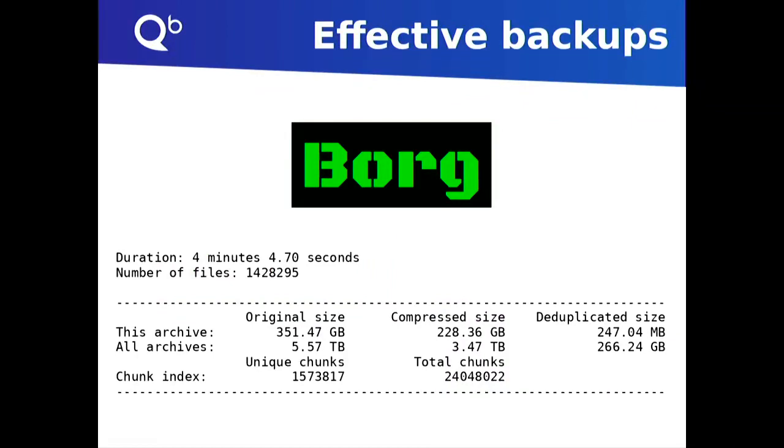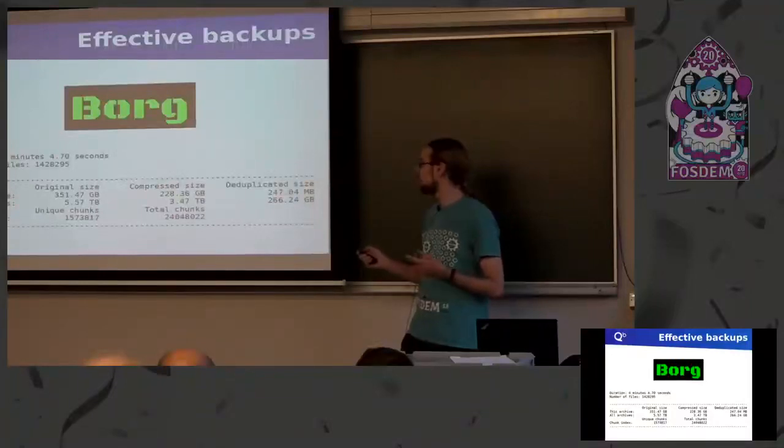You can see that it did a backup of 1.4 million files in 4 minutes. There were 350 gigabytes of total used data on the drive. It compressed it to 228 gigabytes just by compressing the files that were highly compressible, and it further deduplicated the data.